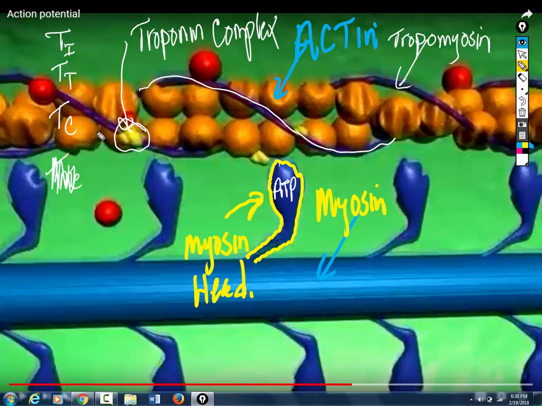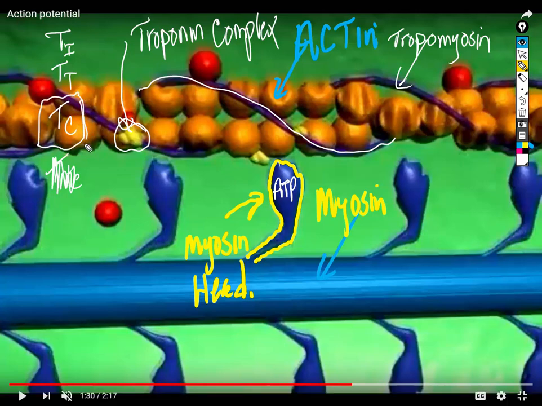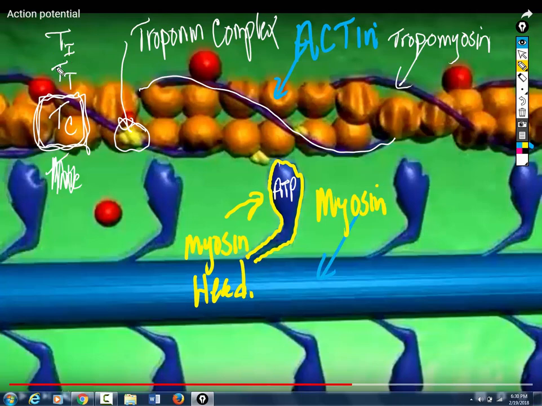And calcium is going to bind to one of these 3 troponin complexes. Which one do you think it is? Troponin C. So watch.